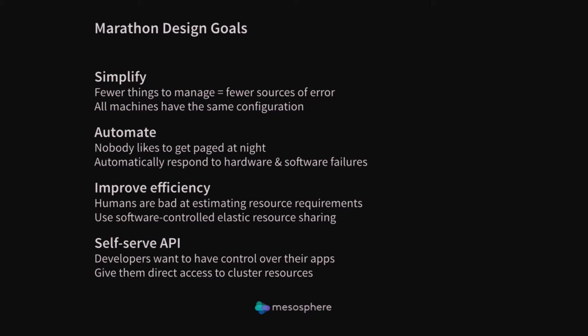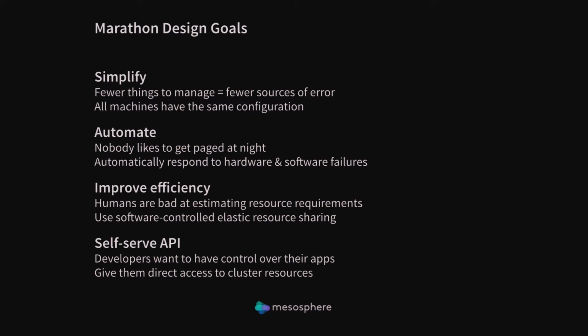Or we're too lazy, we just want to write beautiful code instead of saving our company money. So we can automate this, right? We can use what we call elastic sharing, and that means we basically bin pack applications onto the servers wherever resources are available.